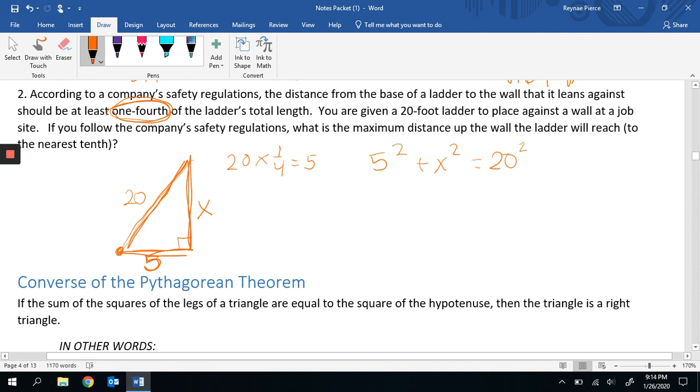So 5 squared is 25. 20 squared is 400. Since I'm looking for a leg, I've got to subtract from both sides. 400 minus 25 is 375.